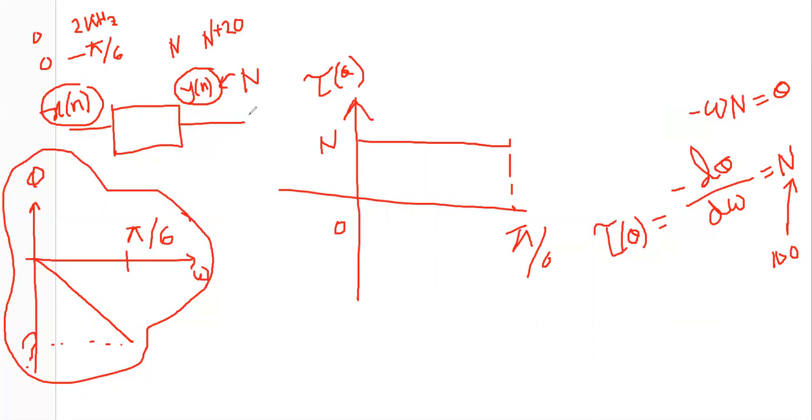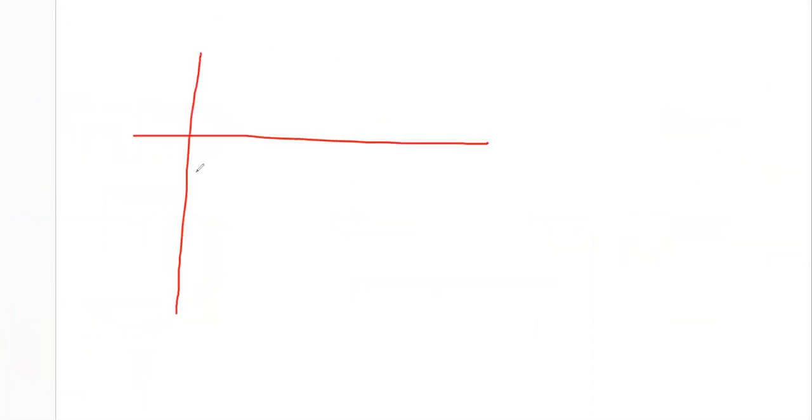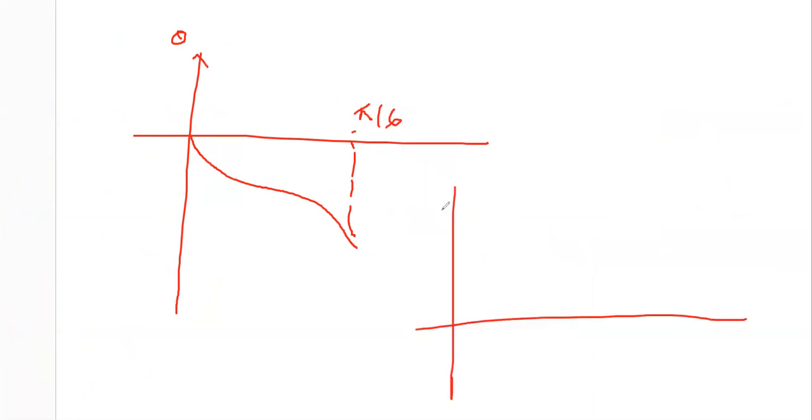But if you have non-linear, now there is an example of a non-linear phase response. So this is theta or phi, and the non-linearity is like this. Maybe this is non-linear for 0 to pi by 6. Now since this is non-linear, of course the tau theta should also be non-linear.